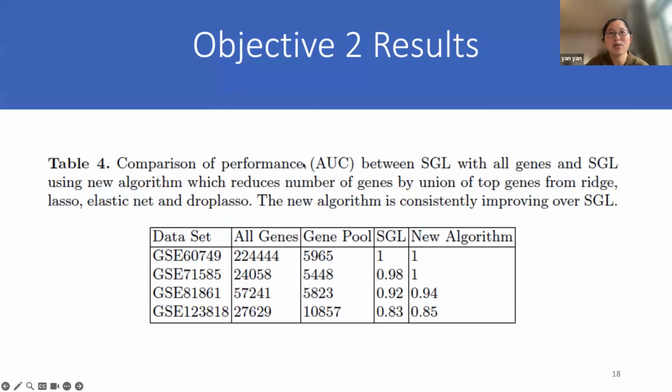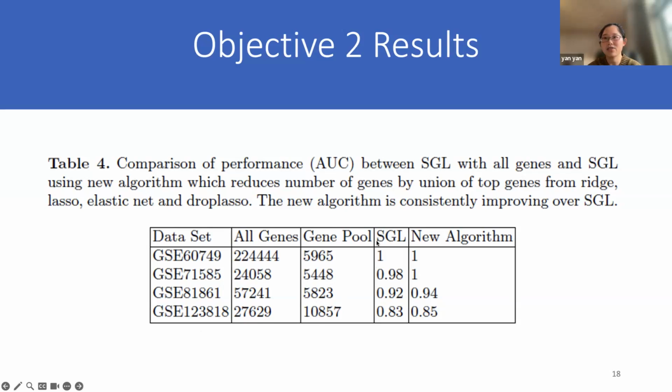We then compare the performance of this flow with SGL, sparse group lasso, which we view as one of the best performing penalized regressions from the benchmarking. Here is our total set of genes. When we do that union, we can significantly reduce the number of genes that need to be further dealt with.